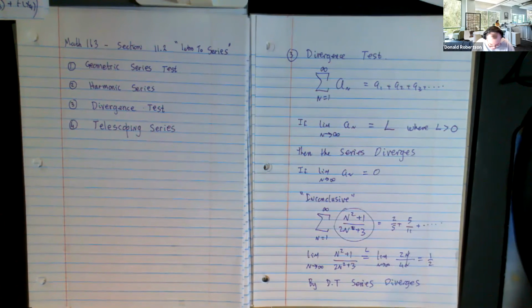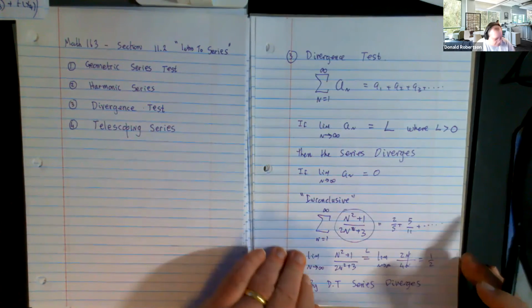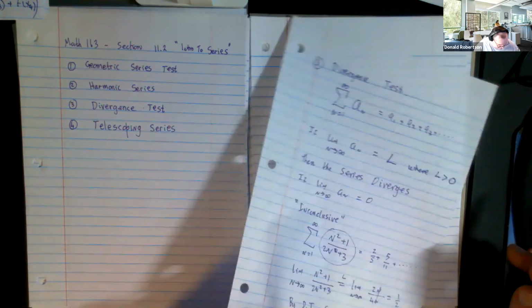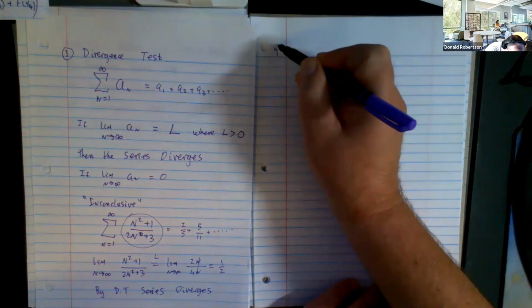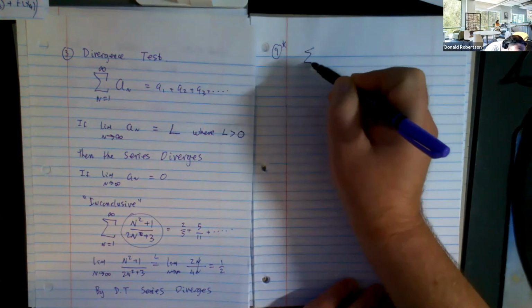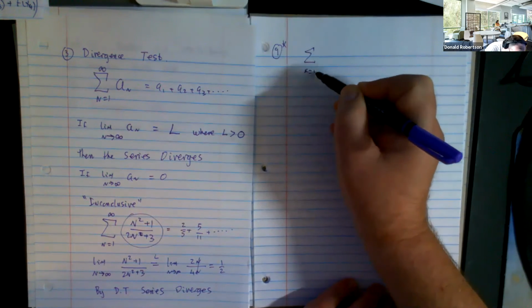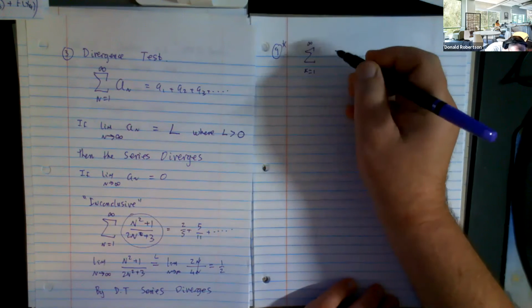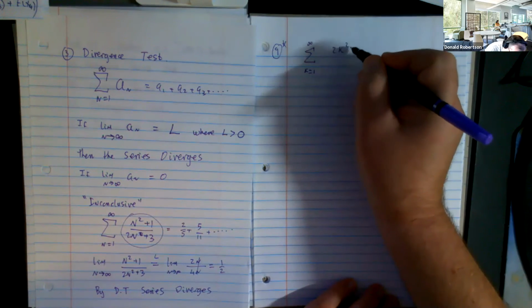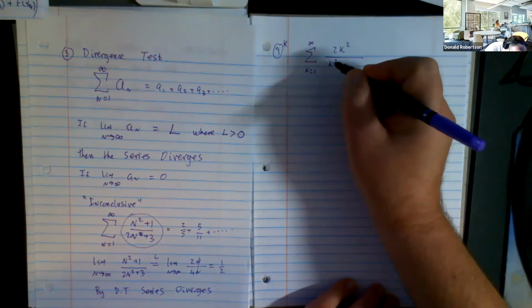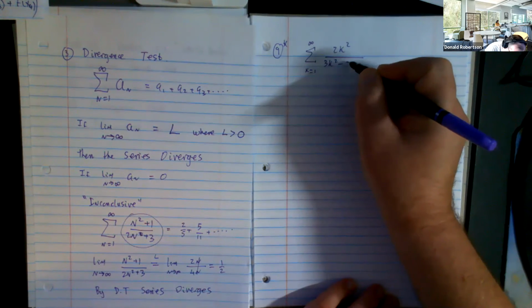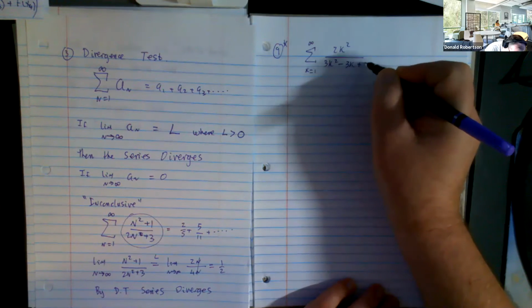Let me see if I can find one to play with. Here's one. This is similar to question 9. And we're going to use the letter k because they do. And it's going to be 2k squared over, I don't know, 3k squared minus 3k plus 10.